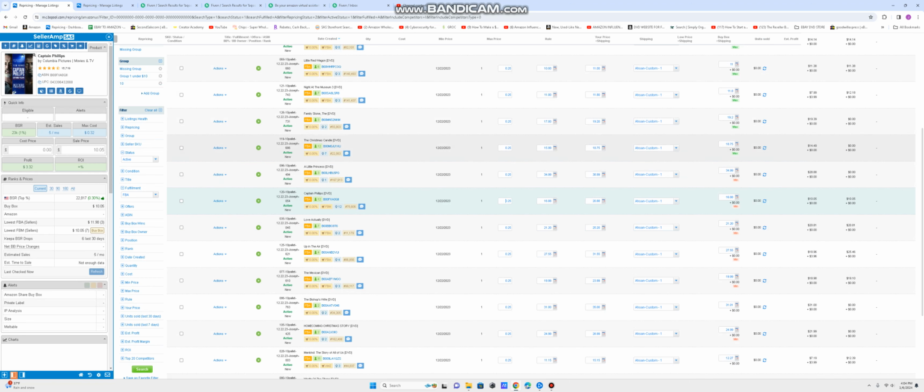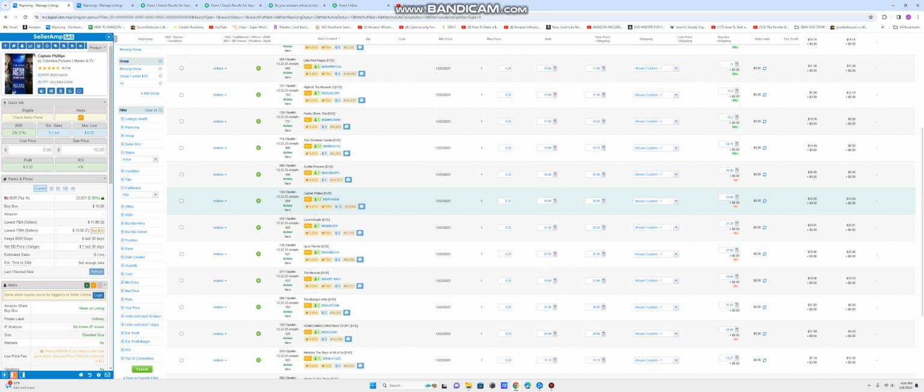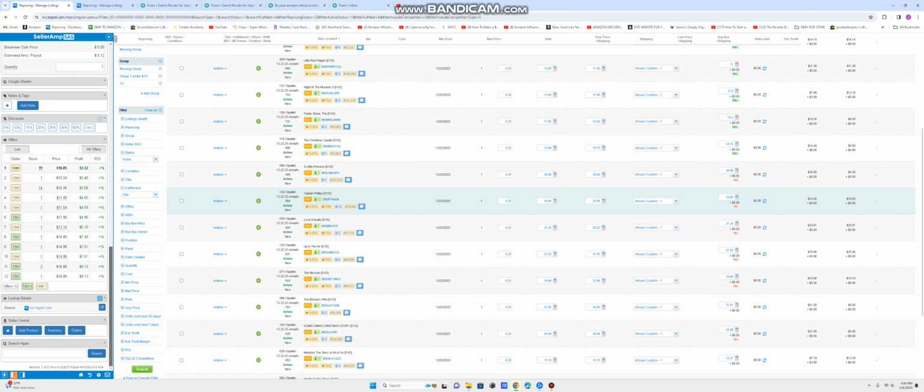Most of these items are DVDs, some are CDs, others are video games, but you're going to do this the same way. This sells 5 times a month, which is not very good. So we're going to want the buy box. They have 19 copies. The lowest FBA is $11.98. We're not going to sell ours that low because there's a pretty big difference between $15 and $12. It's a $3 difference.